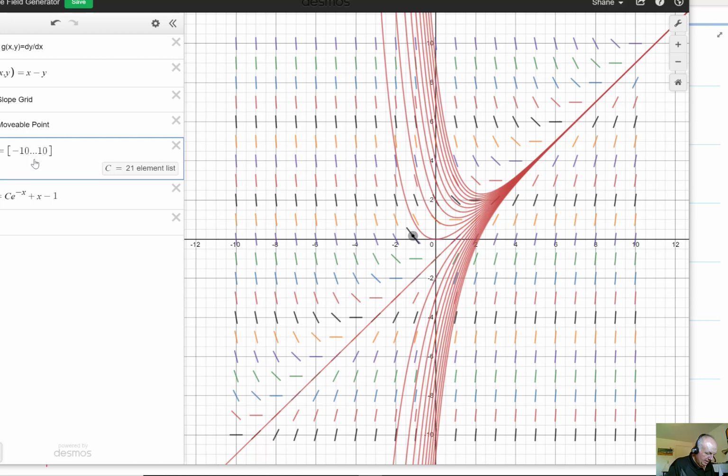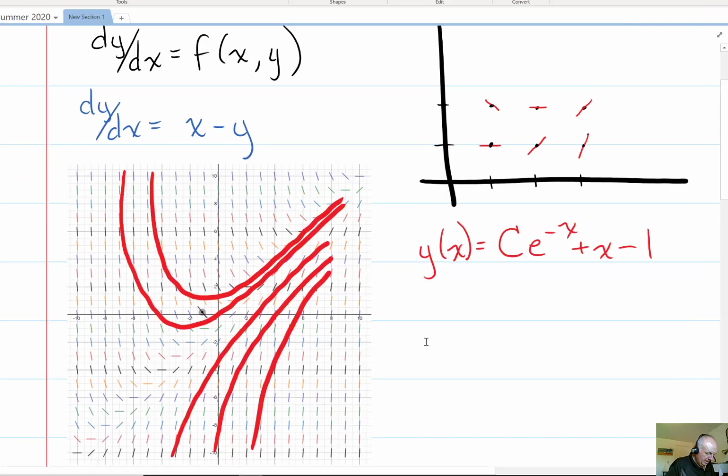All right. Now we may want one particular solution. Say we want one solution that goes through, I don't know, let's have it go through this point right here. Let's go through minus 4, 4. To do that, we have to go back to our equation and add an initial condition.